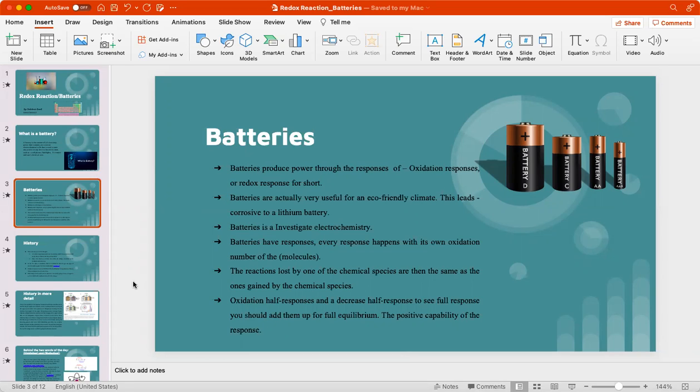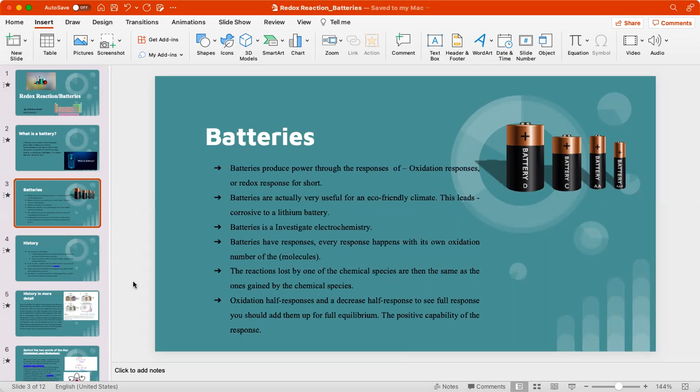Batteries are actually very useful for any eco-friendly climate. This leads to the lithium battery. A battery is an investigation of electrochemistry. Batteries have reactions, and every reaction has its own oxidation number of molecules.